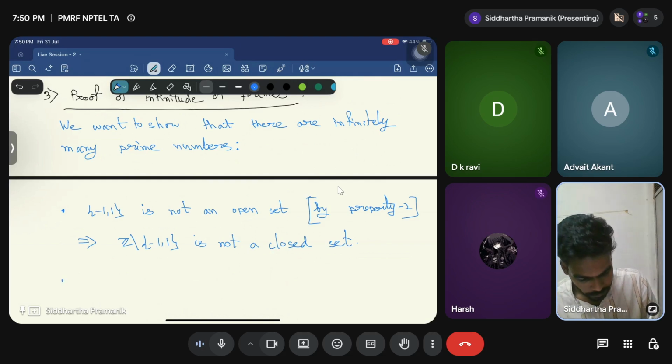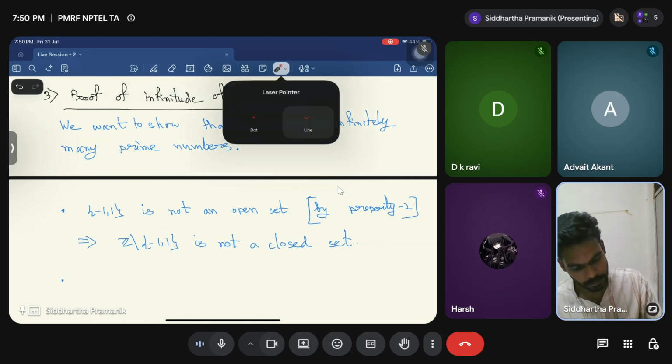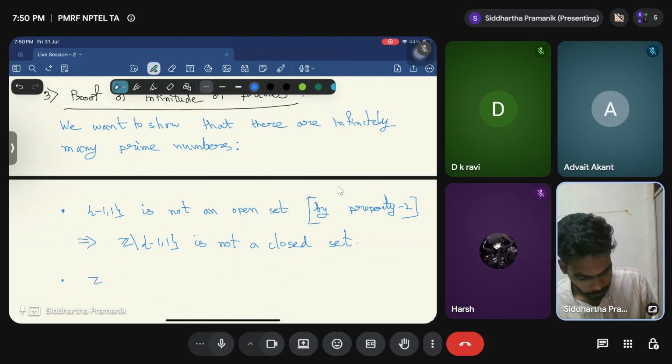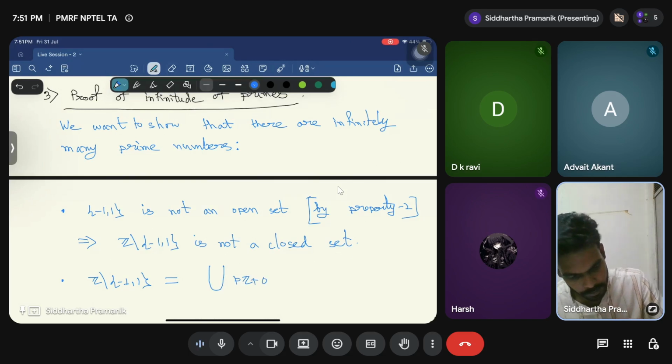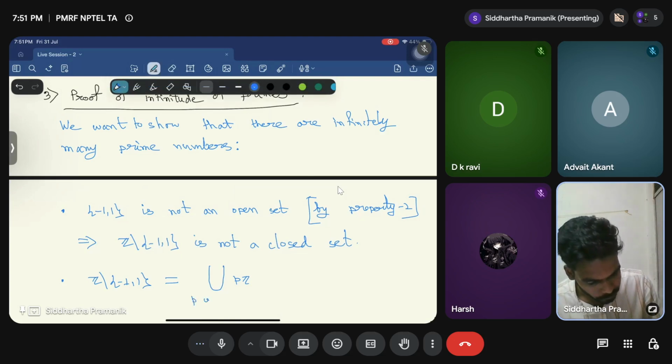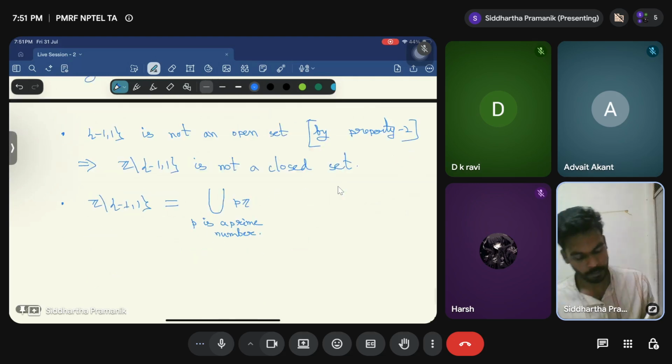Now the second thing is, what is this set? Can you identify this set? So this set is basically the union of all pZ, where p is a prime number. So let's prove this.